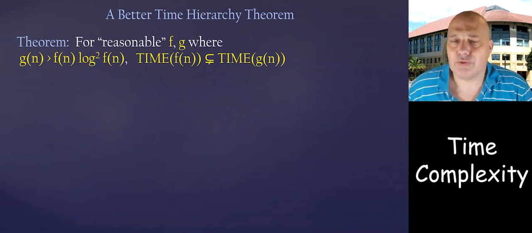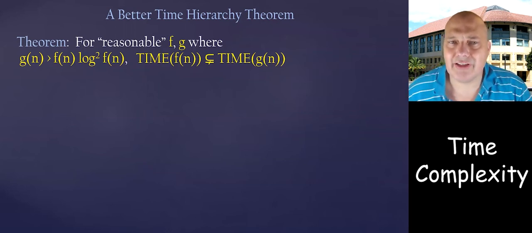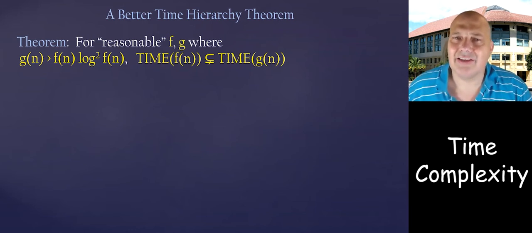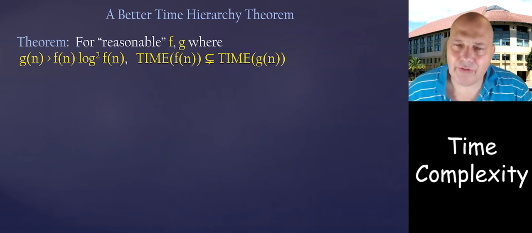So for reasonable f and g, where g of n is just larger than f of n log squared of f of n, so quasi-linear in f of n, time of f of n is strictly contained in time g of n.